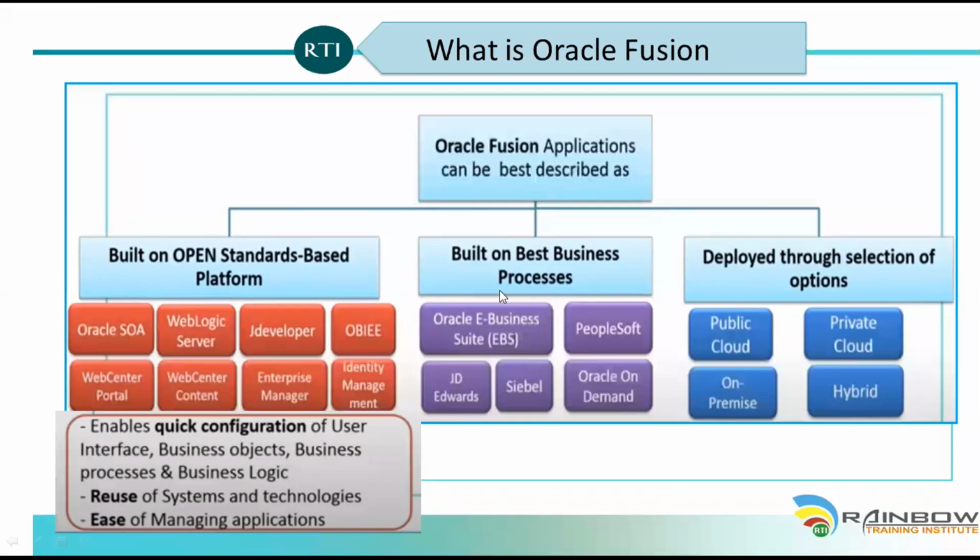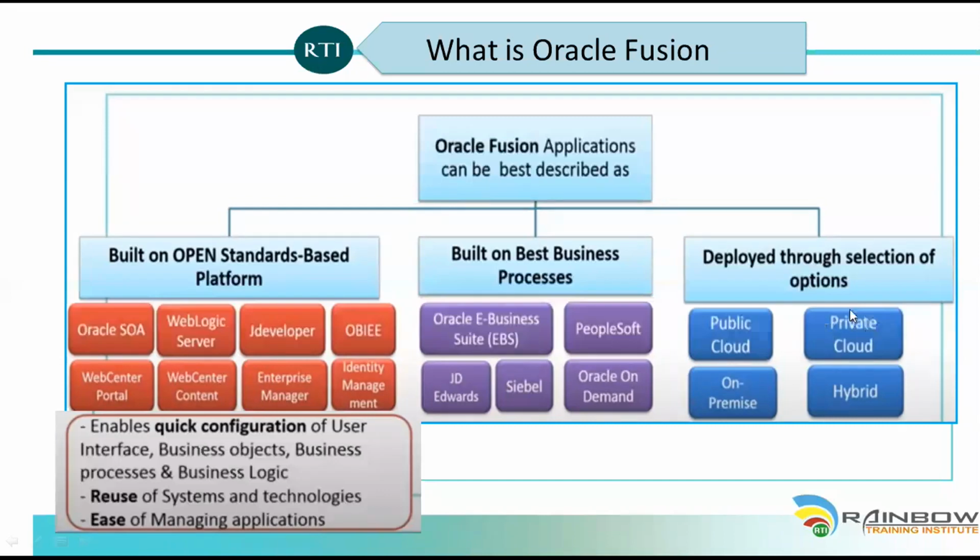So you can say they took the best pieces of business process and prepared a hybrid application, a hybrid business process, which we call the Fusion application. In E-Business Suite, we have only one deployment option, the on-premise option. But coming to the Fusion application, you have four options. One is a public cloud, which is shared. The second is a private cloud.